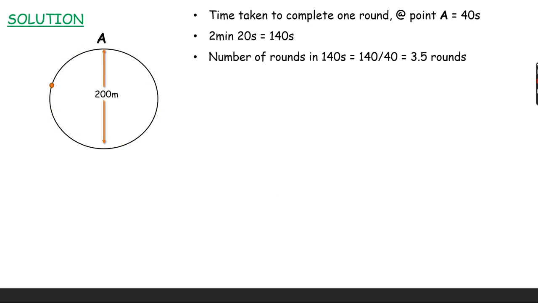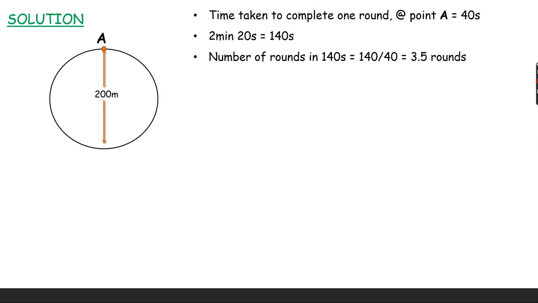So basically to find the number of rounds, we just do time taken divided by time taken to complete one round. So we have the total time taken, which is 140 seconds, and it is divided by the time taken for one round, which gives you the number of rounds, which is 3.5 rounds.